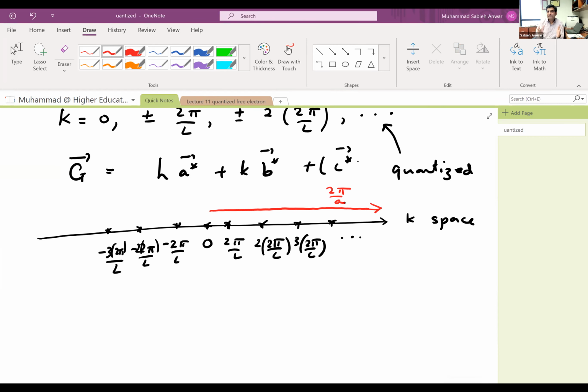So both the reciprocal lattice vector and the K points live in the reciprocal space, but the concept is slightly different. Okay, so just keep this in mind. But both of them live in the K space of the reciprocal space.